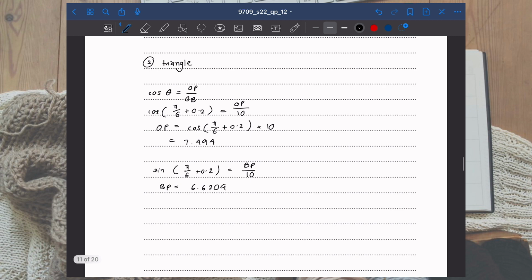So our area of triangle will be 1 over 2 times 7.494 times 6.6209. This gives us 24.808.